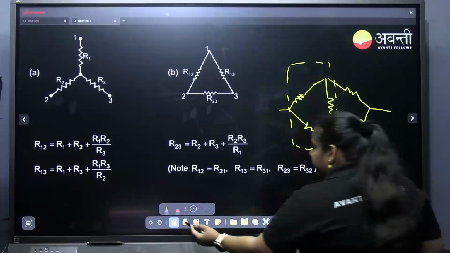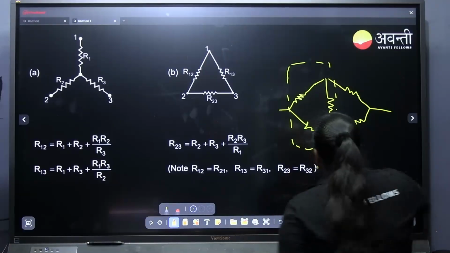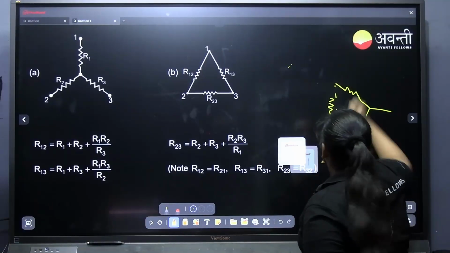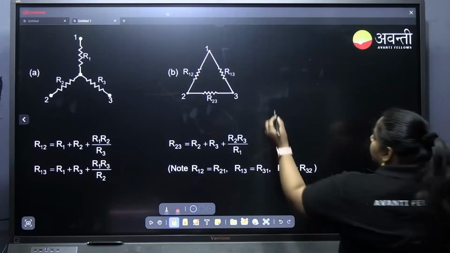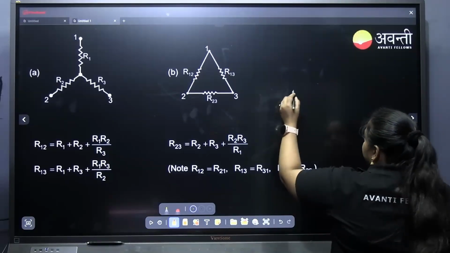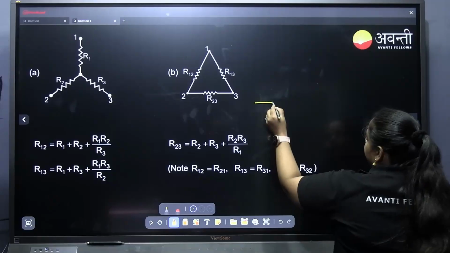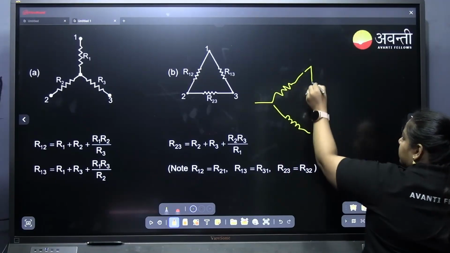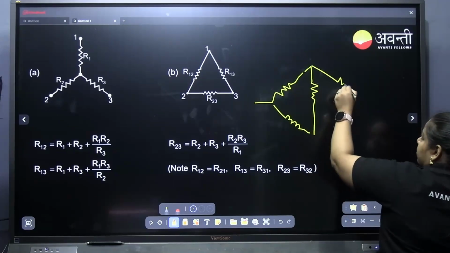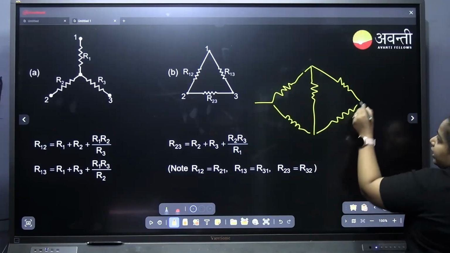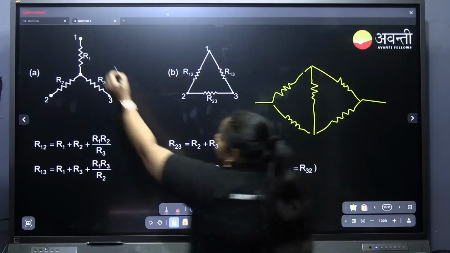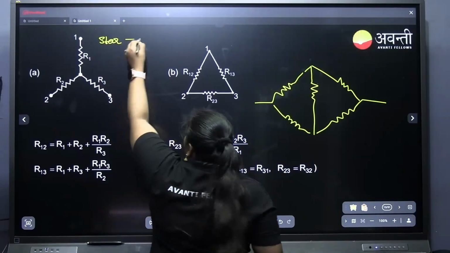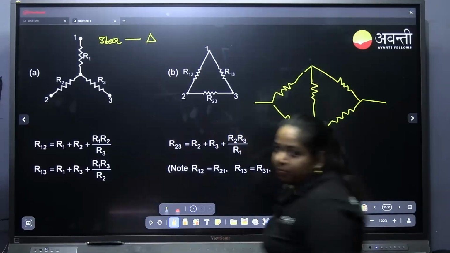So what we will do here is, for example, here it is given star to delta conversion.